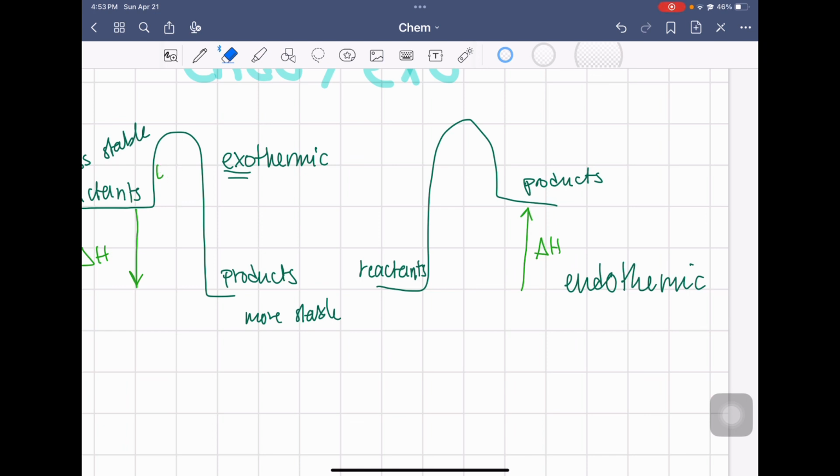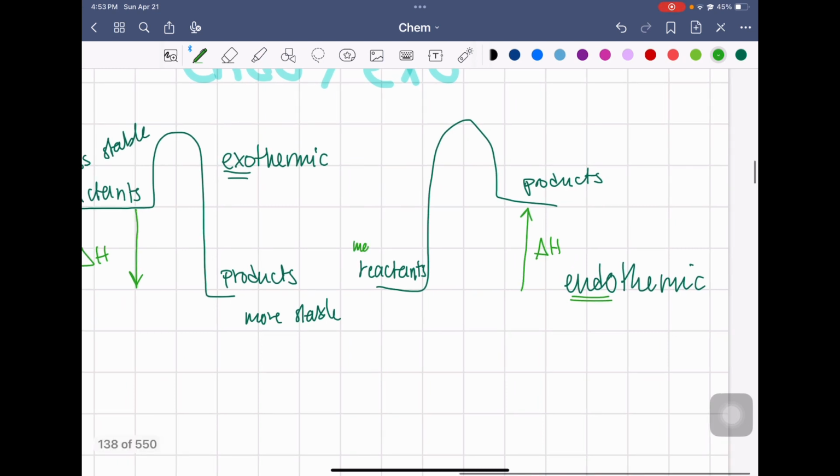So I'm going to erase that. Okay, so our enthalpy change is positive, which is why it is endothermic. And the reactants are more stable than the products, which are less stable because they're at higher energy. When you're at higher energy, you're less stable, more excited. Yeah, so that's endothermic.